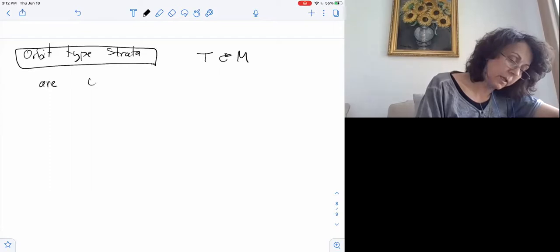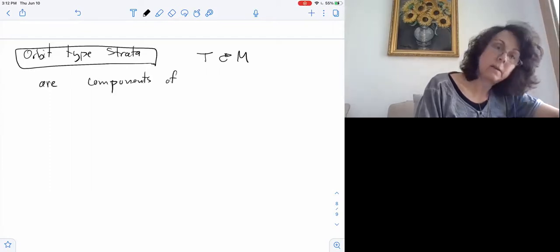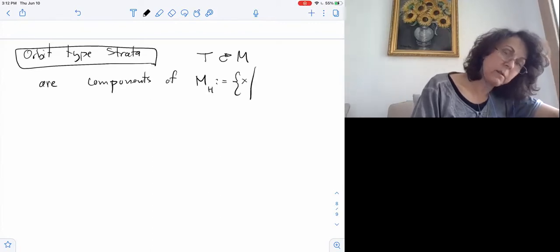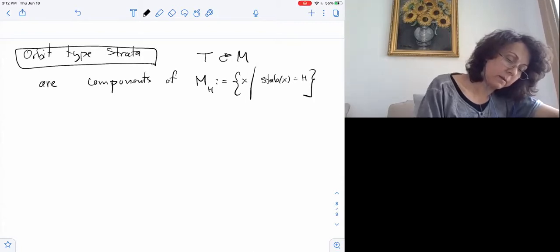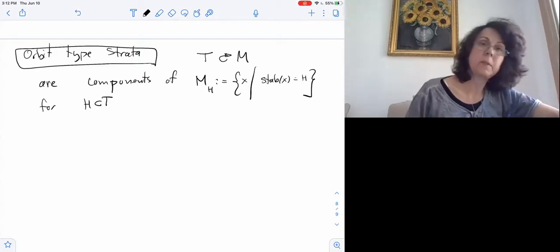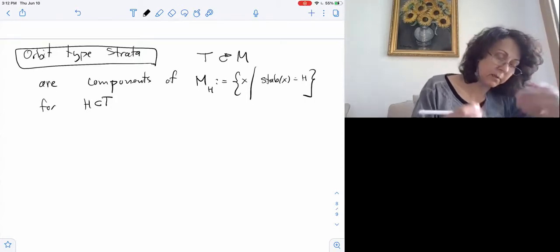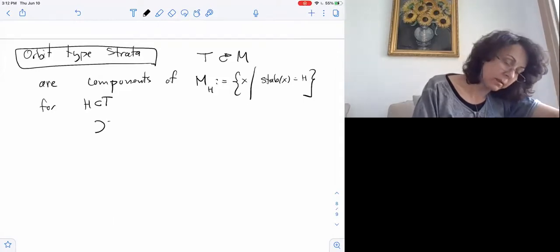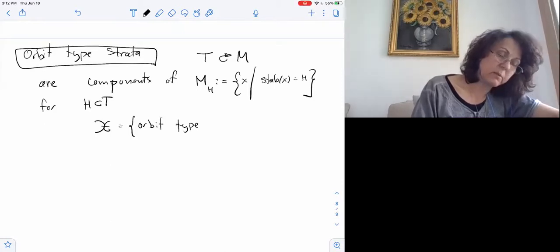These are the connected components of the sets of points with the same stabilizer, and you let the stabilizer be any subgroup. So these are the strata. The manifold is a disjoint union of the orbit type strata, and the set of orbit type strata is a partially ordered, discrete set.